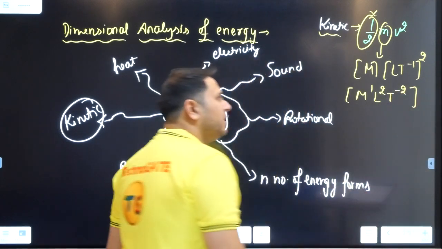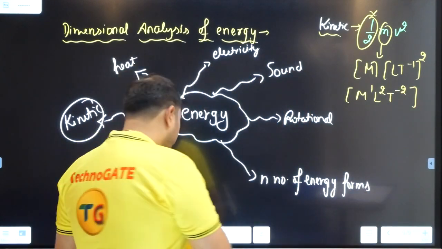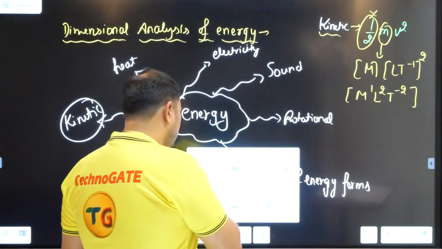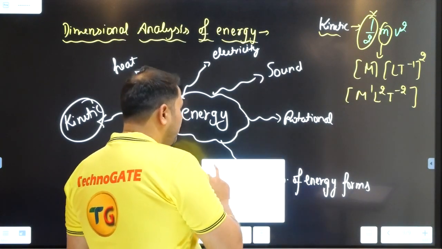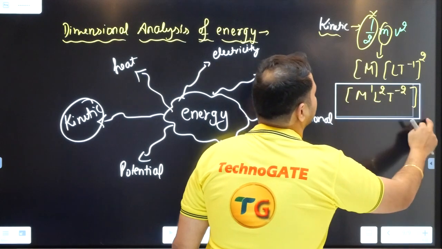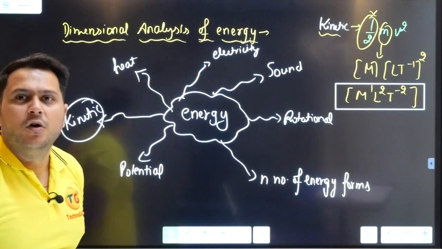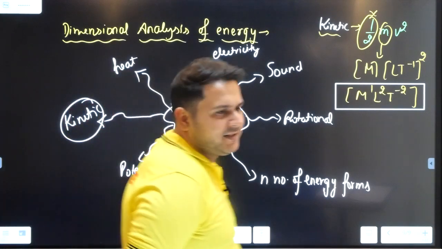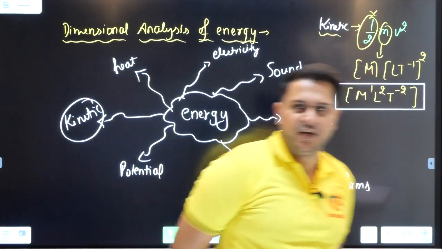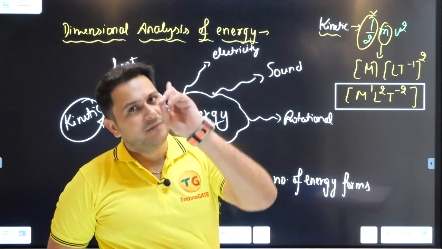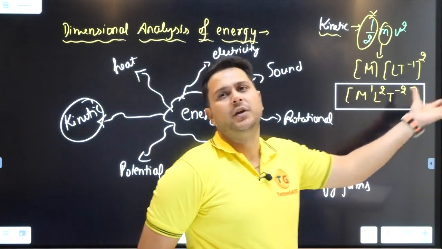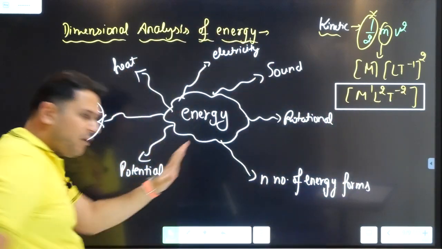So this is your dimensional analysis of energy, and this is going to be the same for all the forms of energy. Now, whosoever asks you what is the dimensional analysis of energy, you will mention only one thing, that is M1 L2 T minus 2 for all these forms of energy.